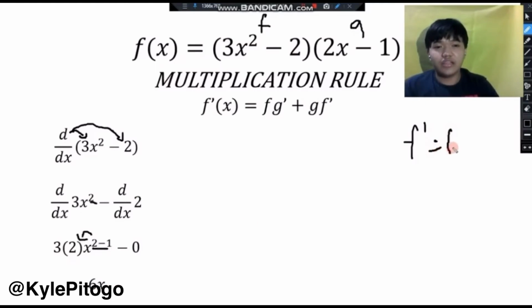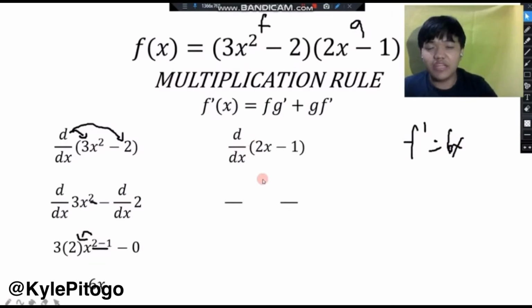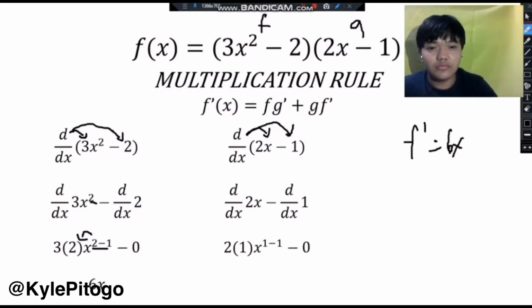Now, we're going to find the derivative of g, which is, we're going to multiply d over dx to 2x minus 1. First, we're going to distribute d over dx to 2x and to 1. After distributing, we're also going to apply the power rule to make it easier. So, 1 is brought down, so therefore, 2 times 1, x raised to the power of 1 minus 1.